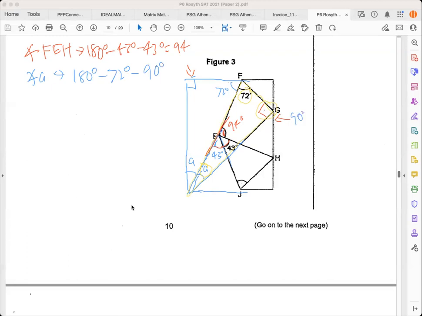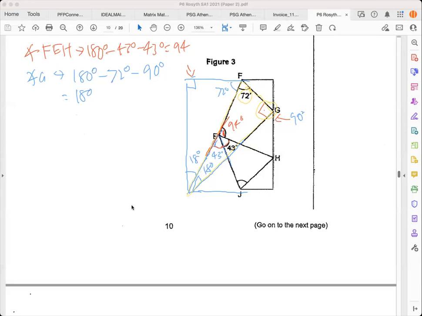Then you get angle A, which is equal to 18 degrees. So this is 18, let me erase this and write 18. This is 18 also.